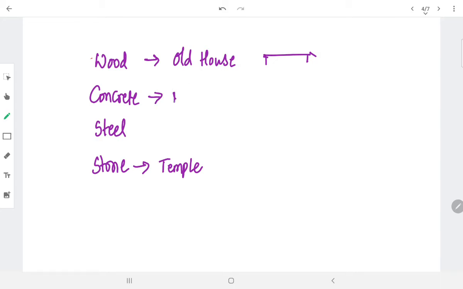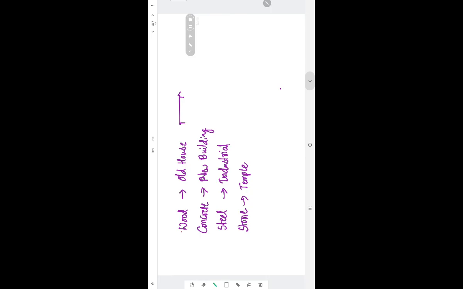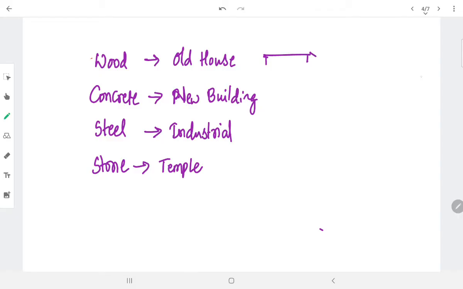Nowadays new RC buildings have concrete beams, and industrial structures or industrial sheds are made of steel, where you can see steel beams.